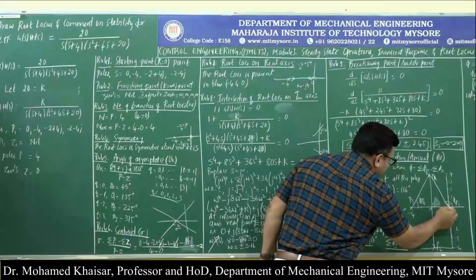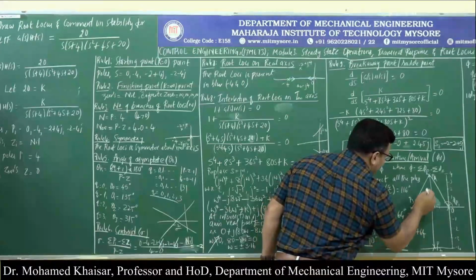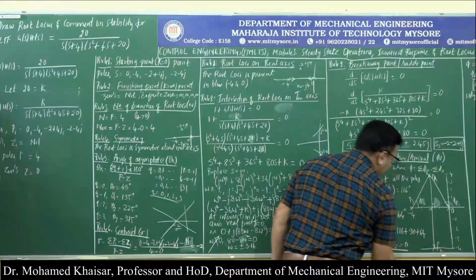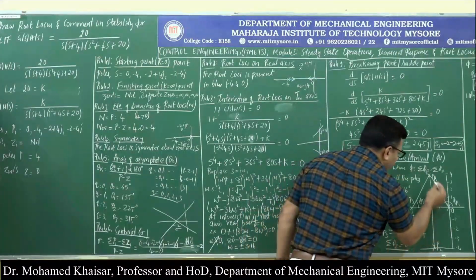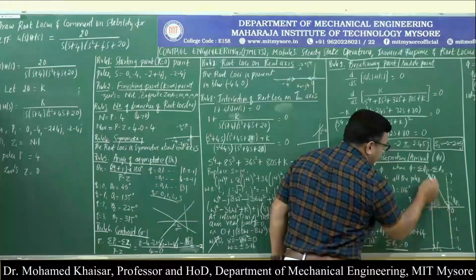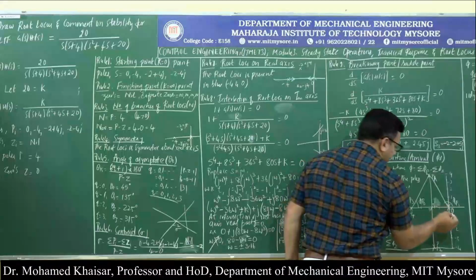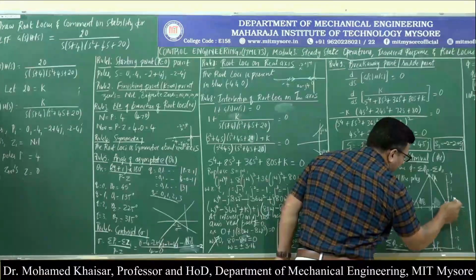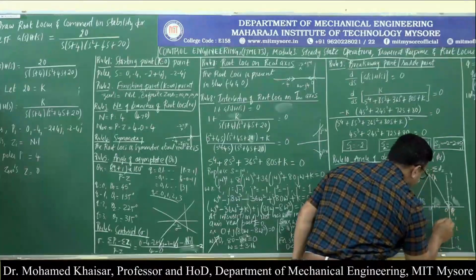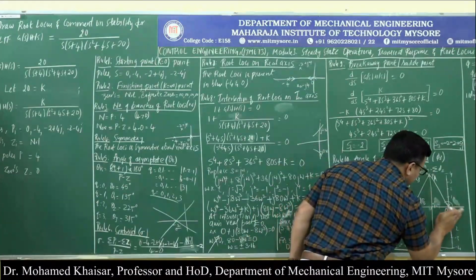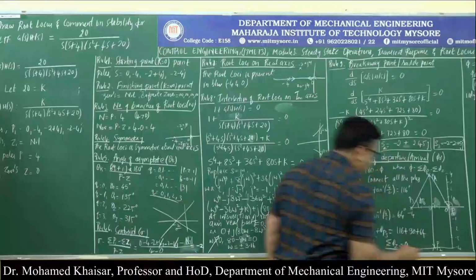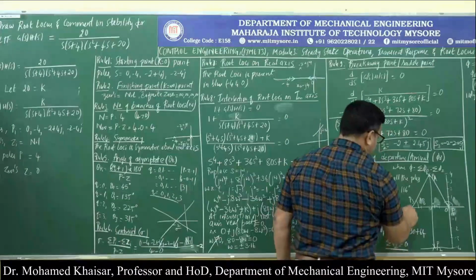All the poles we have marked: there is a pole at 0, a pole at minus 4, a pole at minus 2 plus 4j, and a pole at minus 2 minus 4j. Join all the poles and zeros with this particular pole A. This is pole 1, this is pole 2, this is pole 3.